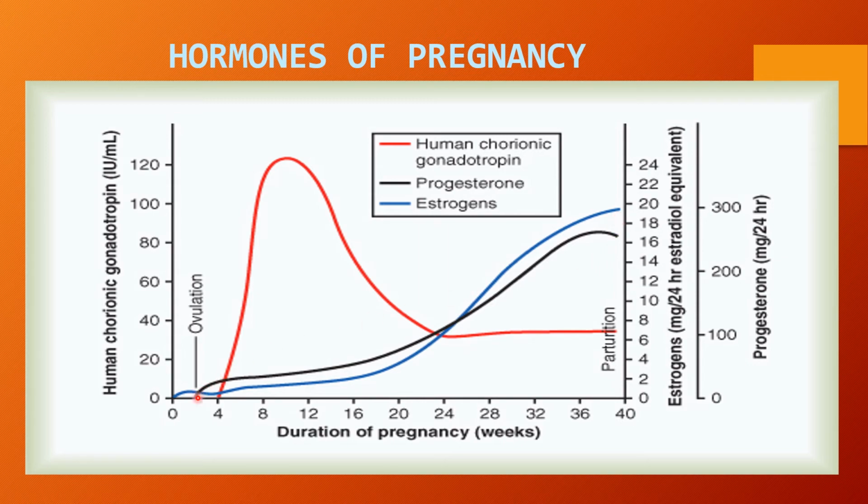The same behavior was noted with progesterone, but in the initial phase progesterone will be higher than estrogen. After the 24th week, estrogen now has a higher level than progesterone, but both will still increase until the period of parturition.